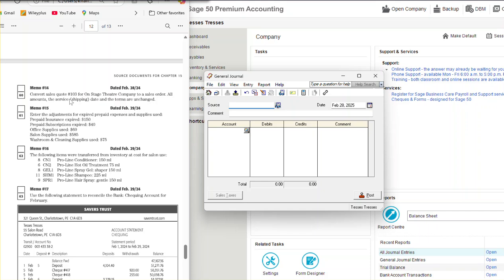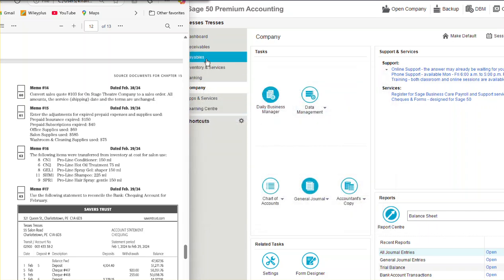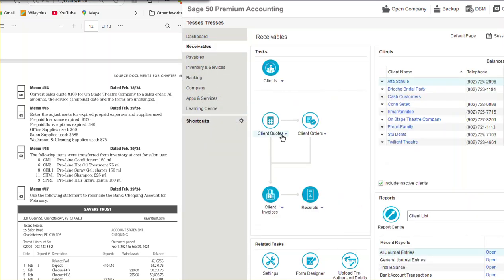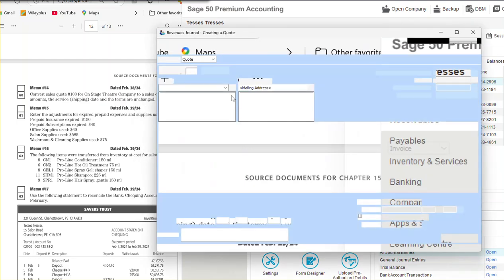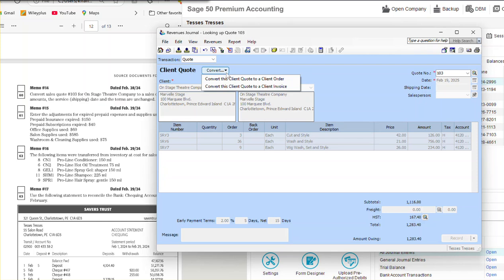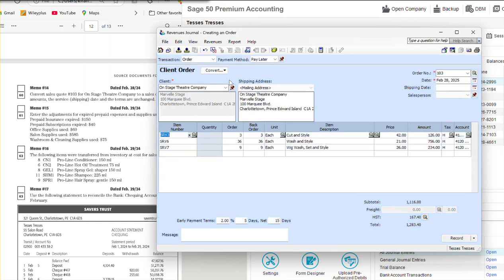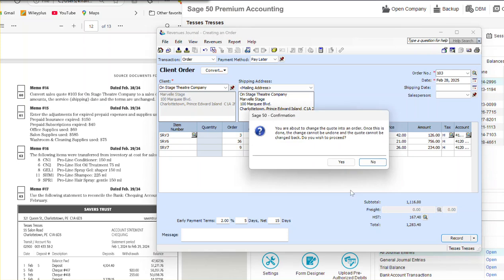They want us to convert the quote into a sales order. So we are going to go to your receivable. We are going to find the quote, double click on it. Now we are going to convert into an order, and you're going to say okay, record it.